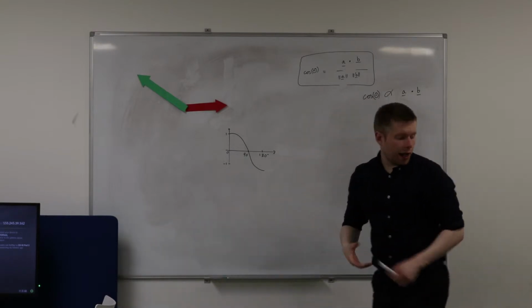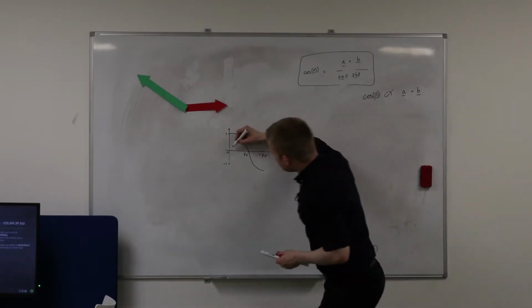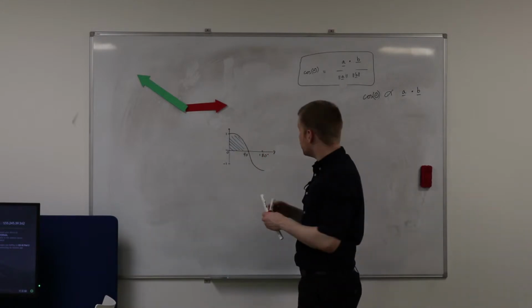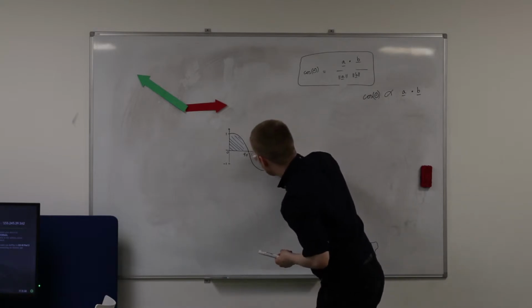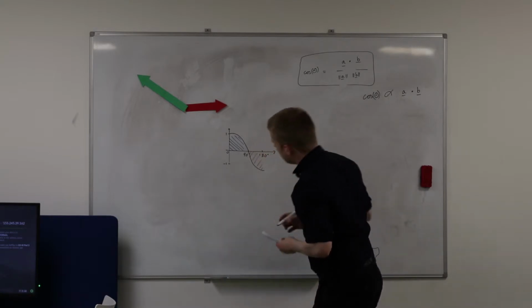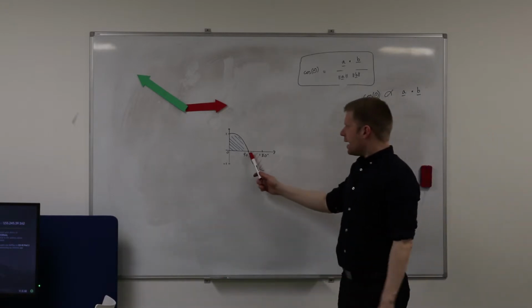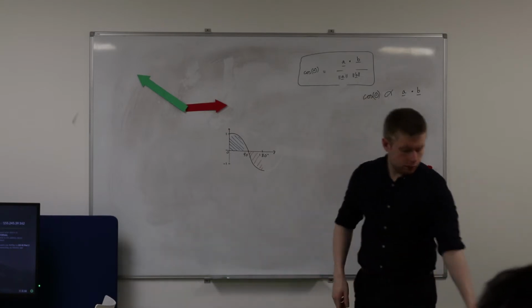So would you be happy? I have two situations here. I have a positive region, a region above the x-axis, positive. Okay? And I also have a negative region, a region down here. So let's have a look. Angles which are smaller than 90 should always be positive.